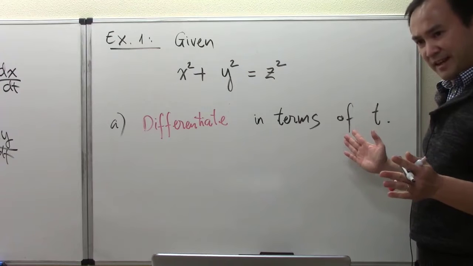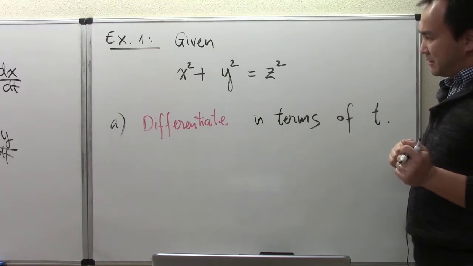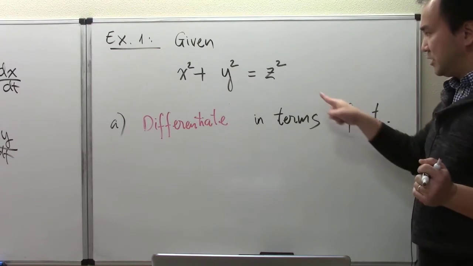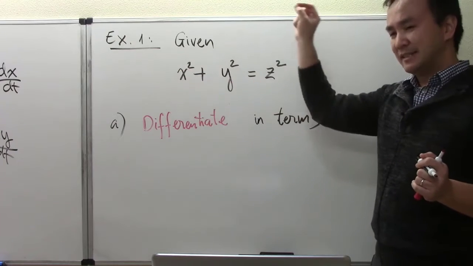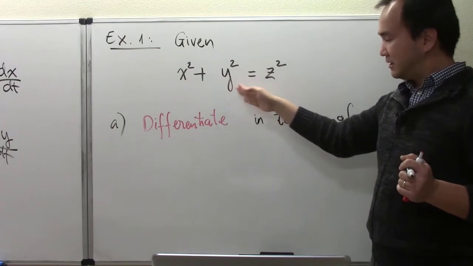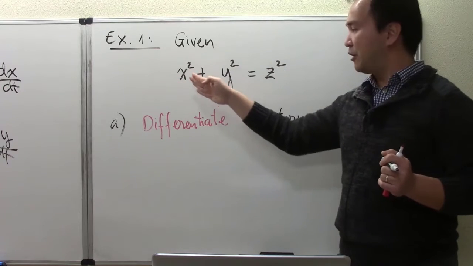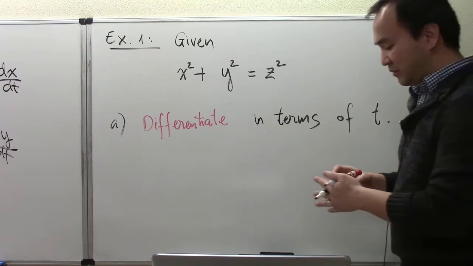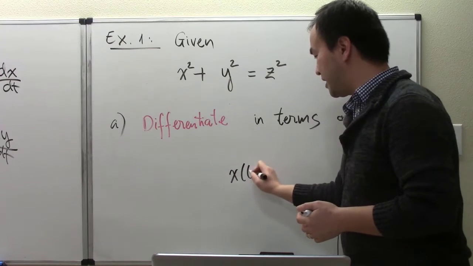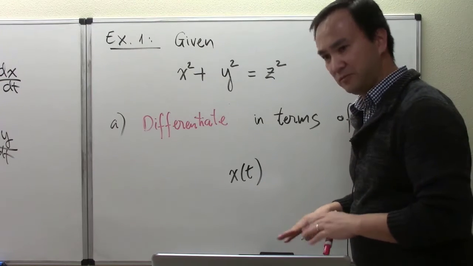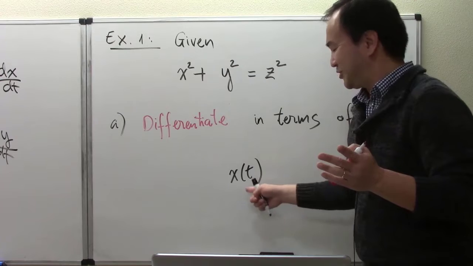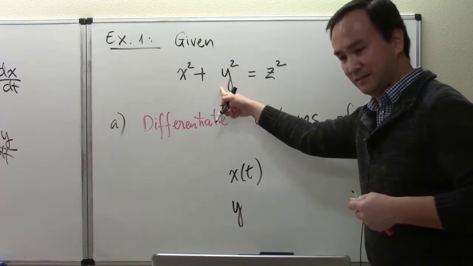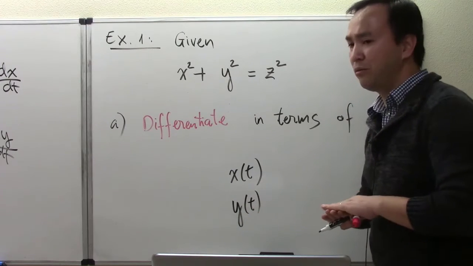So differentiate in terms of t. That means, just like how I was demonstrating in the problem that introduced the idea, the t variable is nowhere to be found in this equation. That means all of these variables are being regarded as functions of t. So a little bit of scratch work here. x is a function of t, completely implicit. Good luck solving for x as a function of t, because there's no way. y itself is also a function of t, again completely implicit.